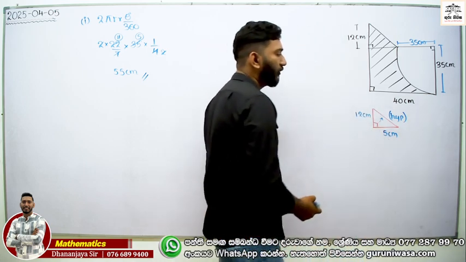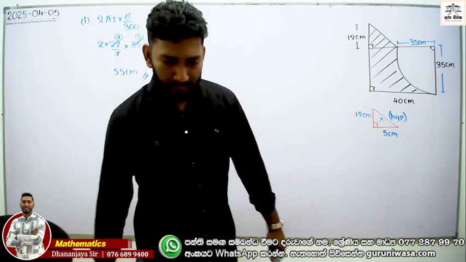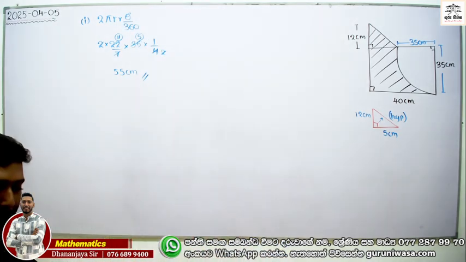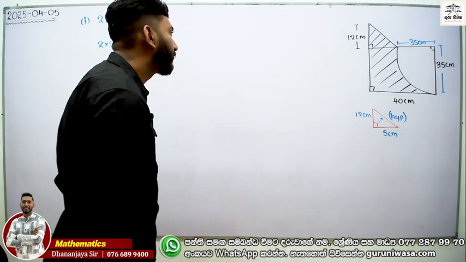Now you can find this one using the Pythagoras theorem. Using the Pythagoras theorem. And you know the hypotenuse.